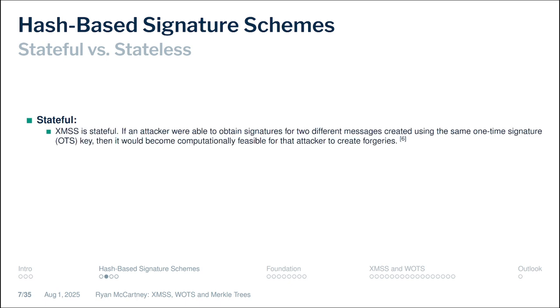That's also the signature scheme I'm going to present today. So even though this has a drawback, you just have to be very careful to atomically update this internal state and make sure that you don't use the one-time signature twice.